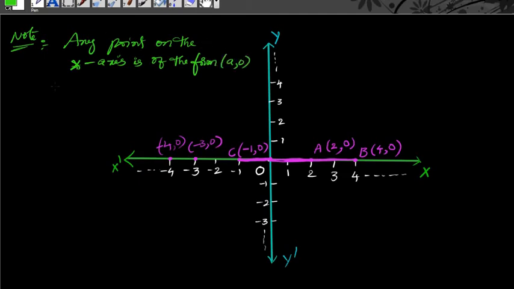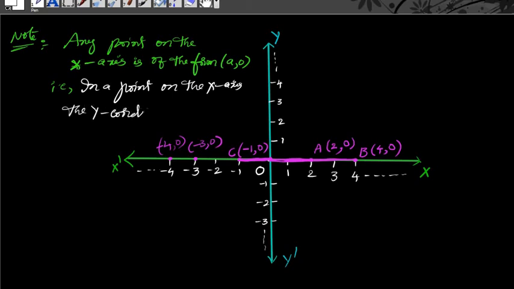That means for a point on the x-axis, the concept is that the y coordinate is 0. The y coordinate is 0. That is one of the most important points.